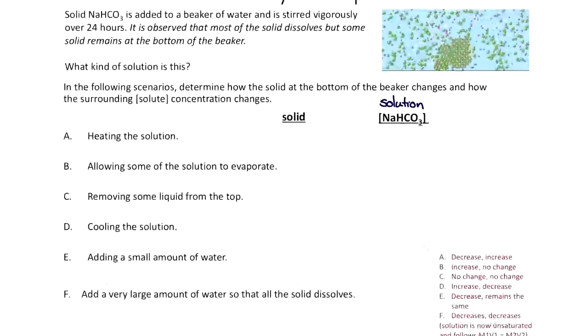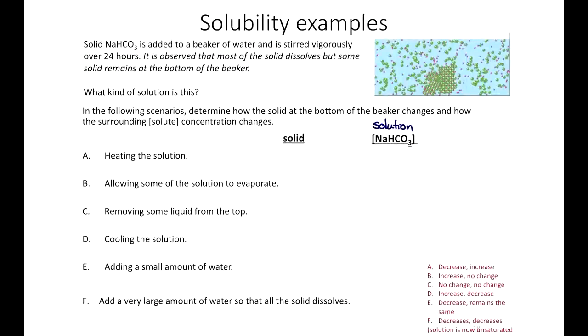All right, this slide takes a long time. Okay, so let's take a solid. So this is baking soda. Let's add it to a beaker. We stir it for a long time. And then after we stir it for a long time, we observe a lot of solid remains at the bottom of the beaker.